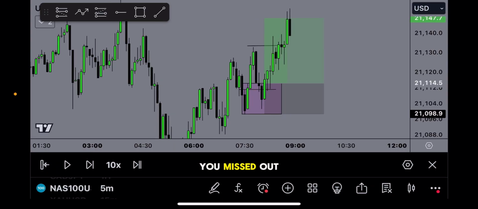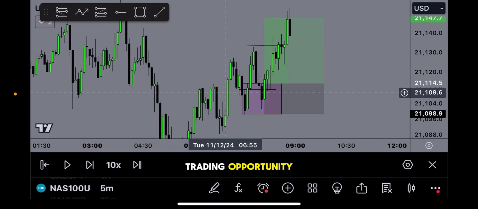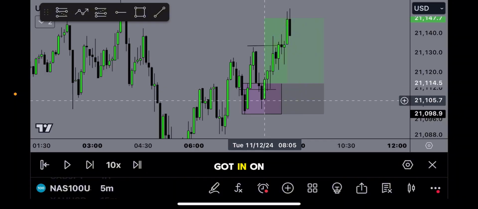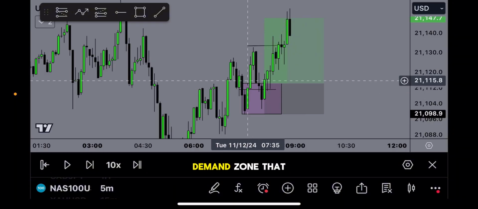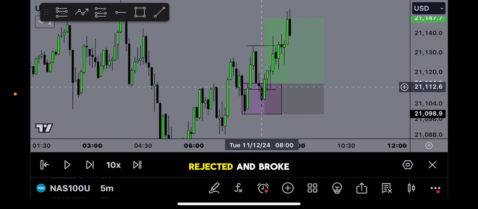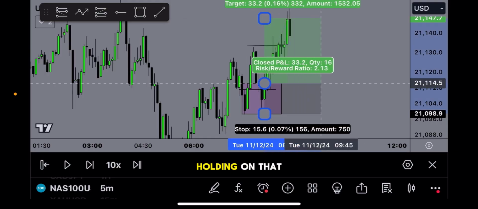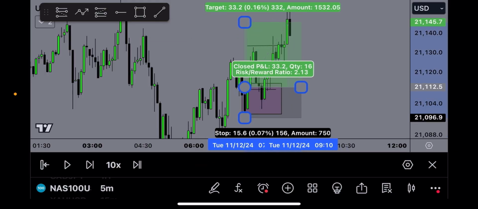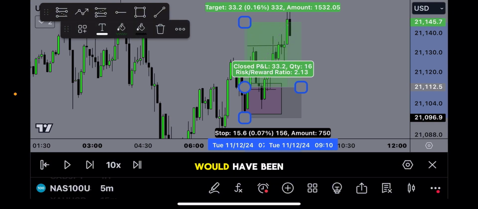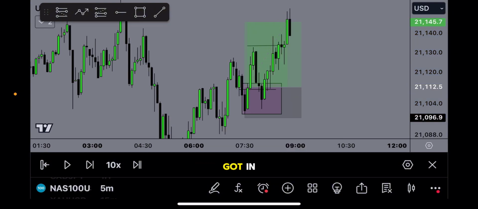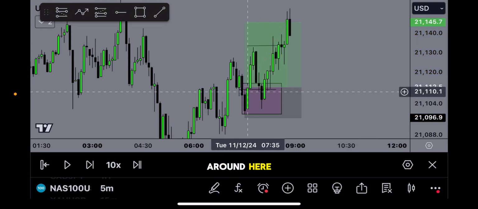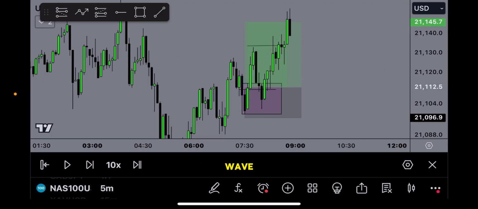So even if you missed out on the first trading opportunity, the first demand zone, you could have got in on the second demand zone that came up and rejected and broke the candle. Now, let's say you kept holding on that first trade, right, then you would have got in around here, and you would have ridden the wave.